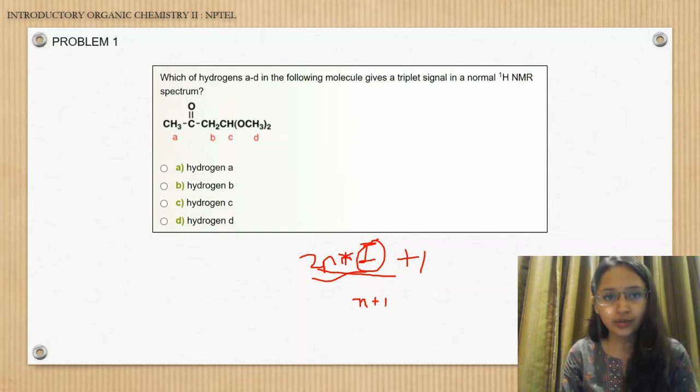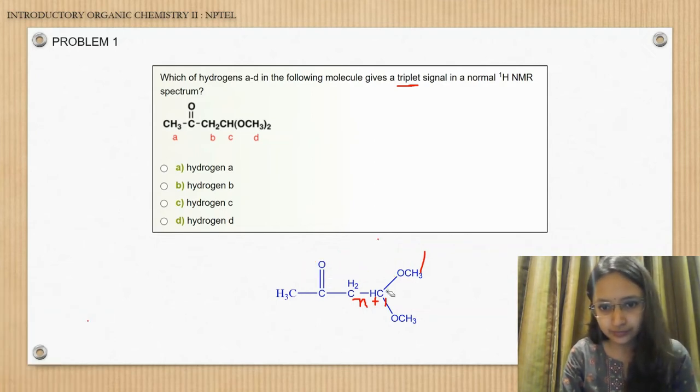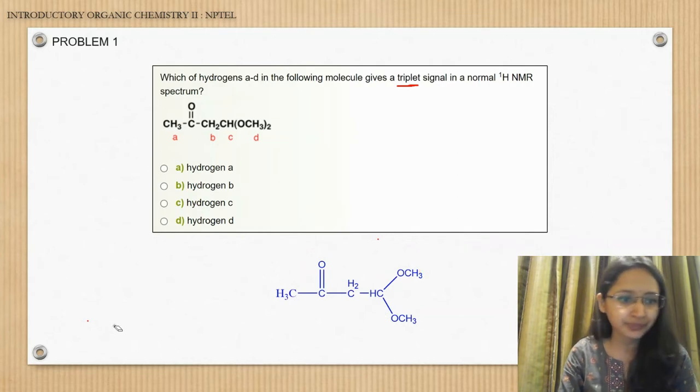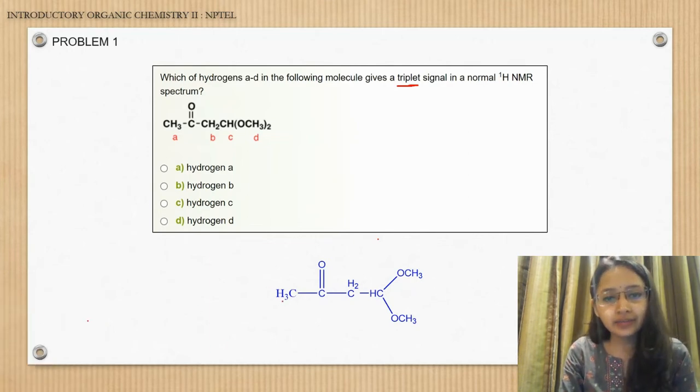They are asking which proton is going to give you a triplet. Let me remove this so that you can get a better idea. Starting with this methyl group, we have to calculate the multiplicity.